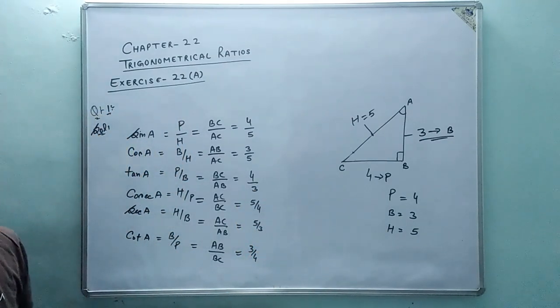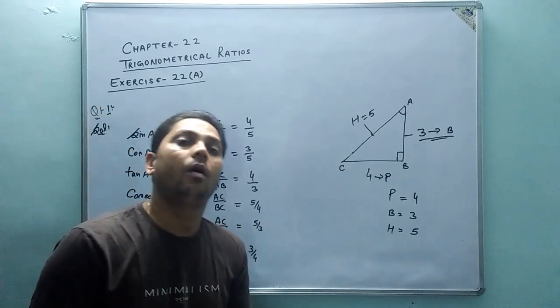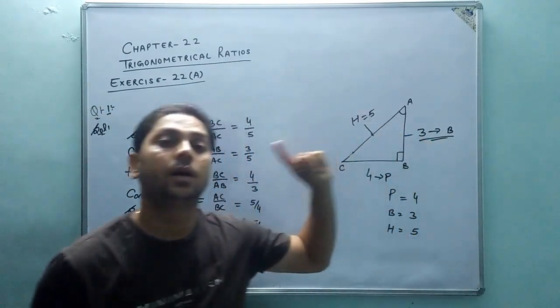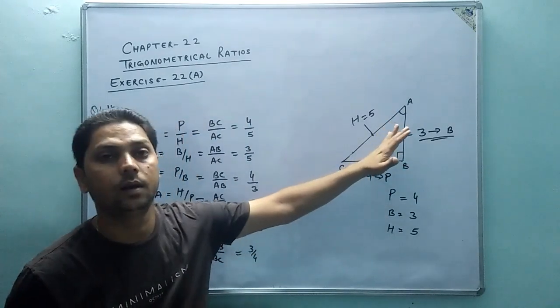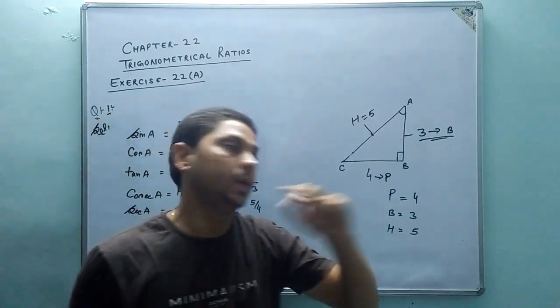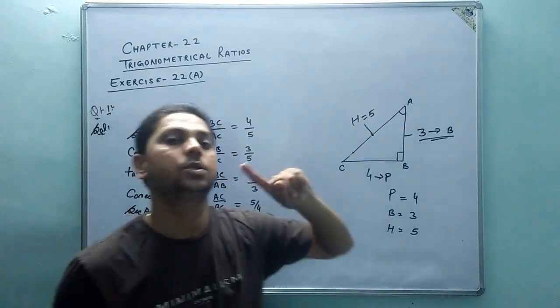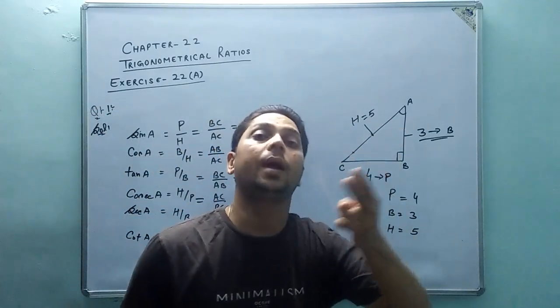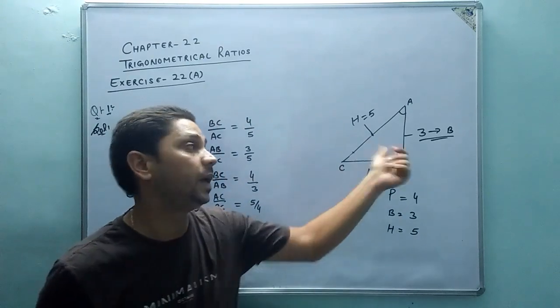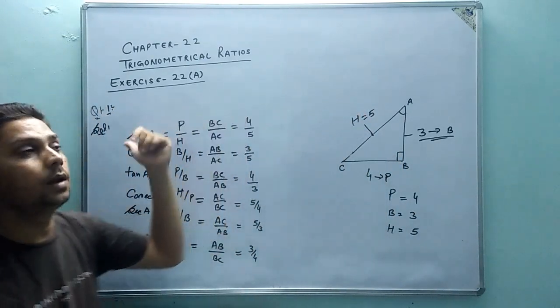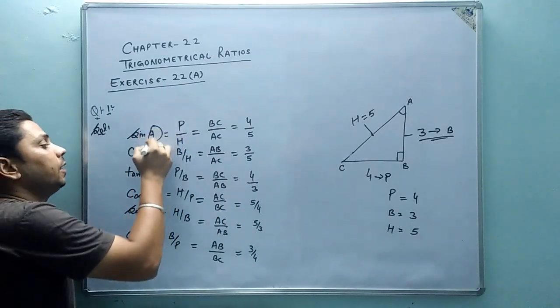So in this way, we can find all the trigonometrical ratios based on a single right angle triangle. There must be 3 angles in a right angle triangle. One must be 90 degrees, and 2 angles will decide your base and perpendicular. Look at the trigonometrical ratio, which angle is given.